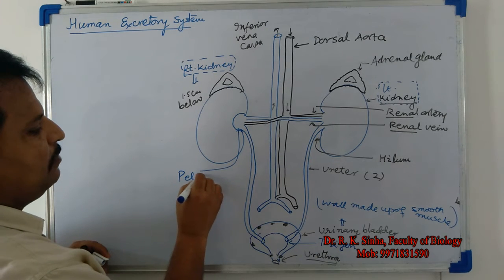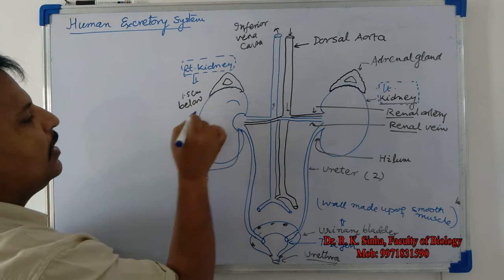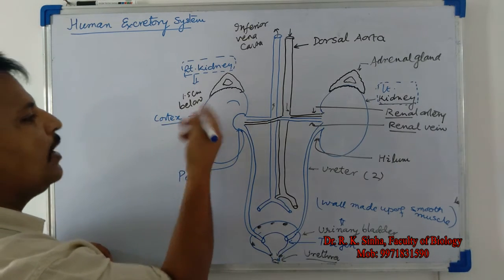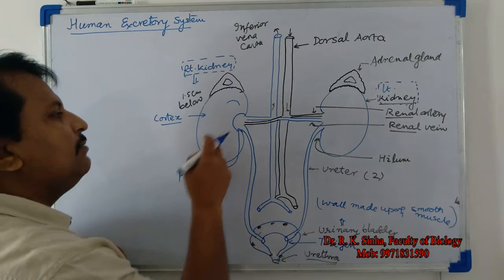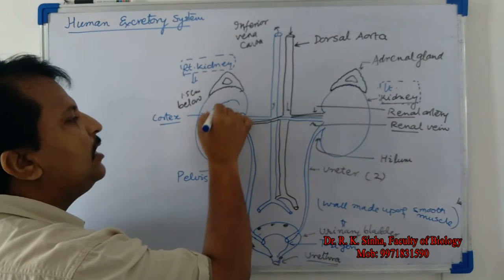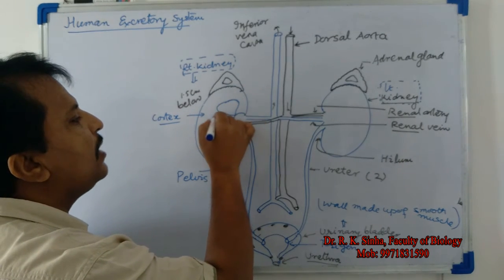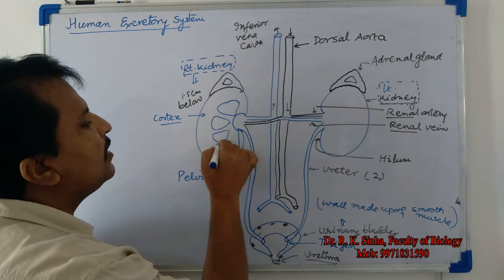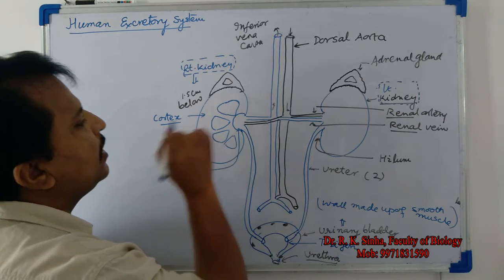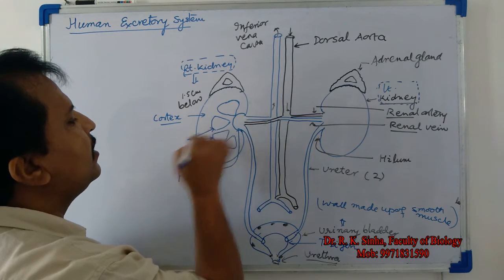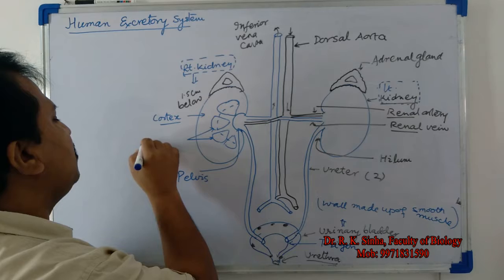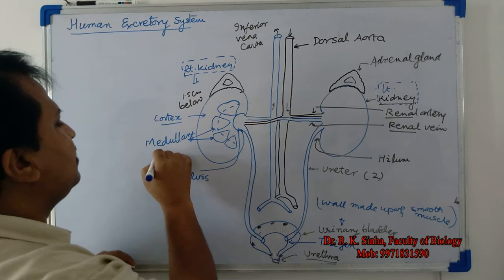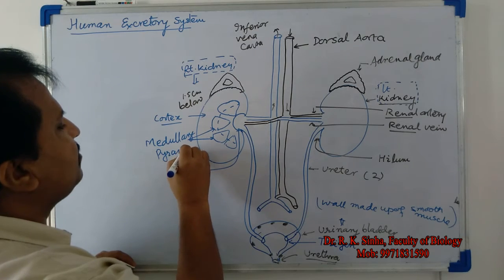This structure is known as the pelvis. The external part of the kidney is known as the cortex, and the inner medulla is divided into many pyramidal structures, known as medullary pyramids, because they are part of the medulla.